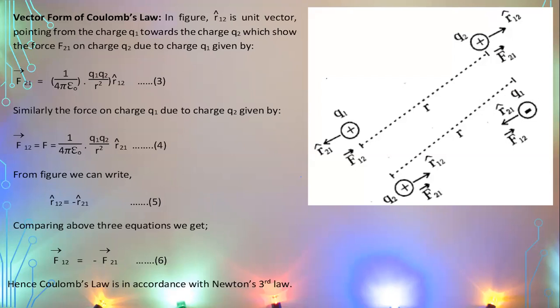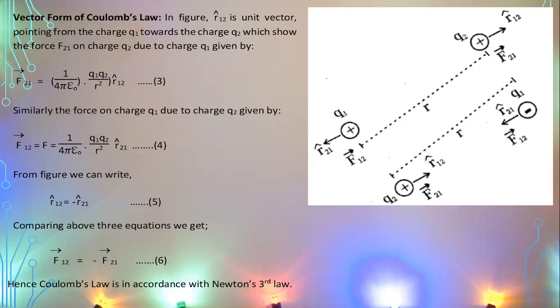In vector form, we are concerned with which force is acting on which charge. Charge 1 is applying force on charge 2, that is F21, and the direction is from 1 to 2; the unit vector is shown in equation 3. For equation 4, charge 2 is applying a reaction force on charge 1, written as F12, which is equal to 1 over 4 pi epsilon naught, Q1 Q2 divided by R square, with the unit vector showing the direction of the force from charge 2 to 1.